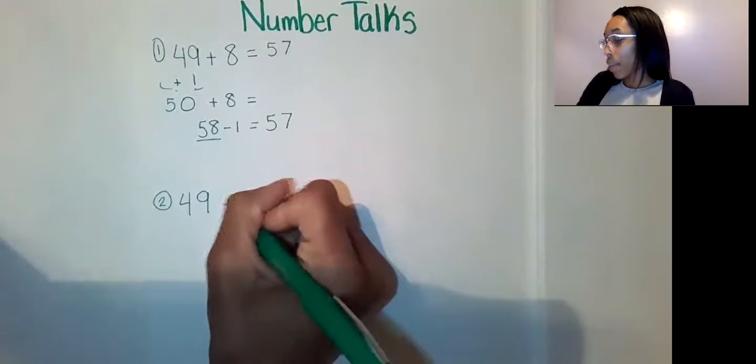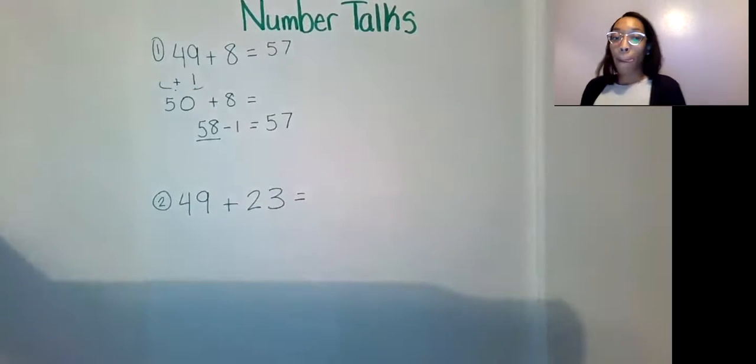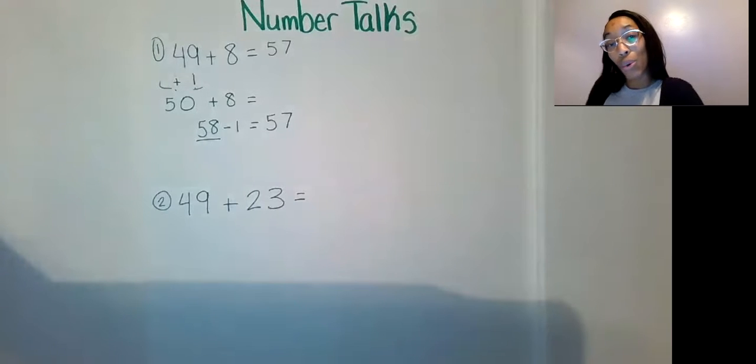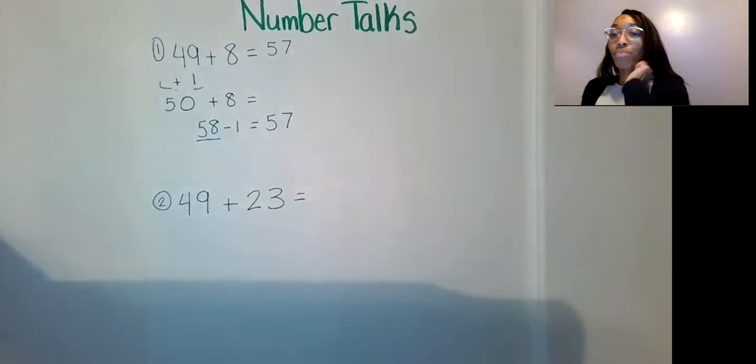49 plus 23. All right, go ahead, share those strategies, or you could give the sum and see what sums your classmates came up with also, or someone in the home, a family member, a sibling. 49 plus 23.